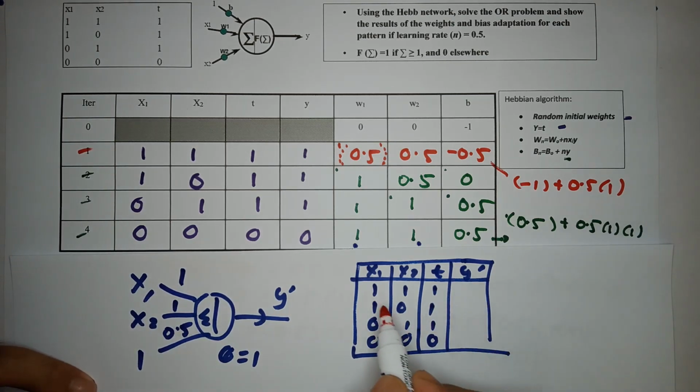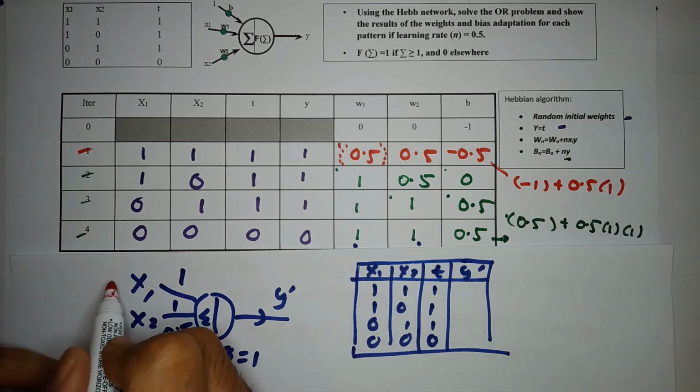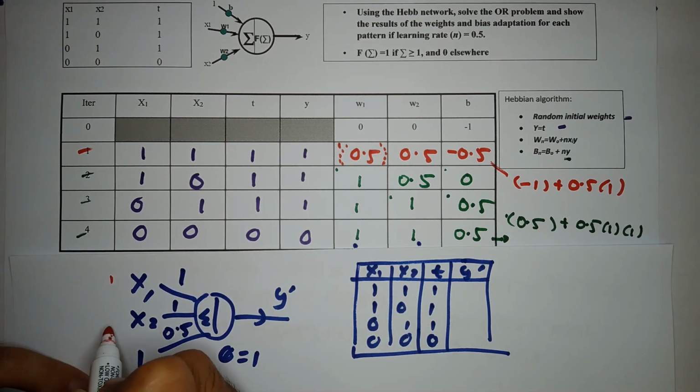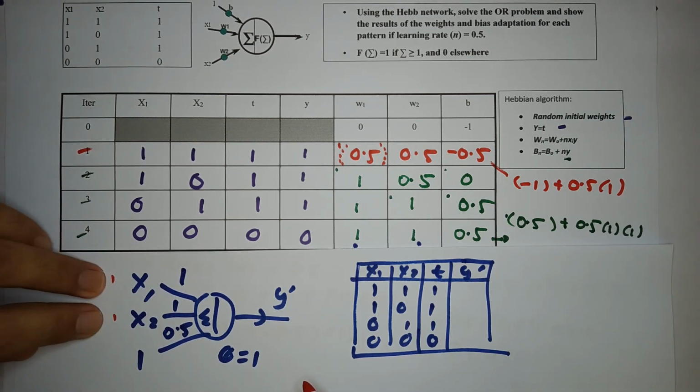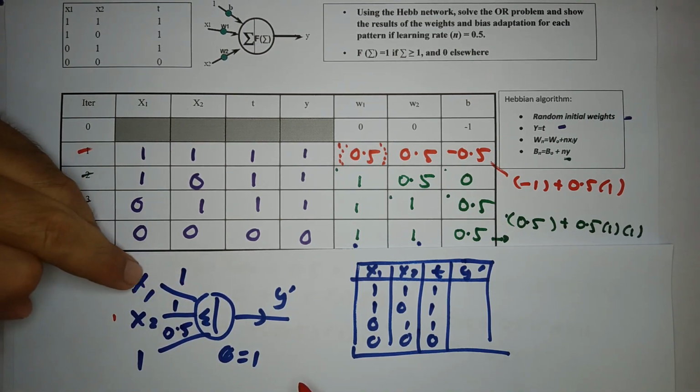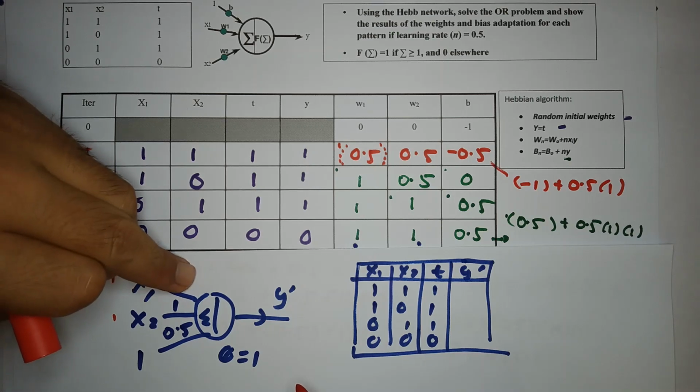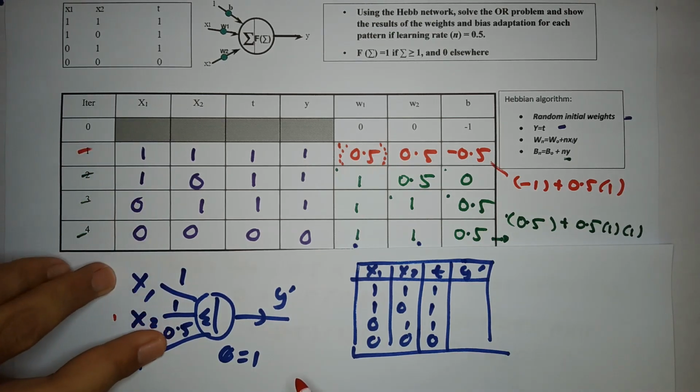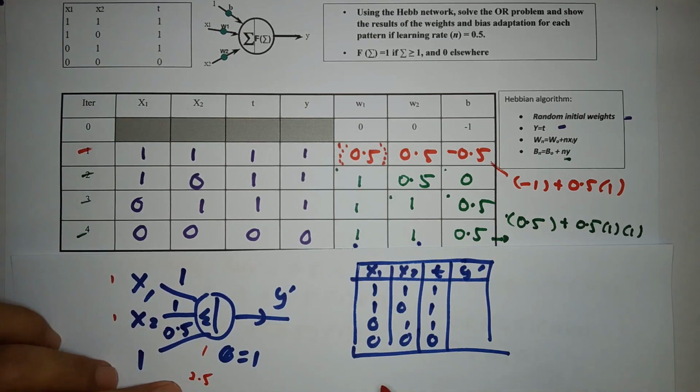So if we feed 1, 1 here, with input x1 equal to 1, x2 equal to 1, so 1 times 1 is 1. So 1 plus 1 plus 0.5, the value here will be 2.5. So 2.5 is greater than 1. For this particular case, y prime will be equal to 1.